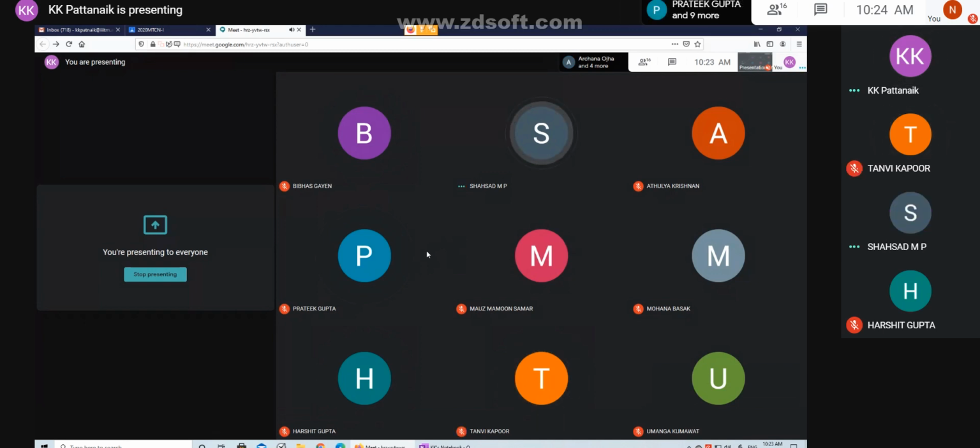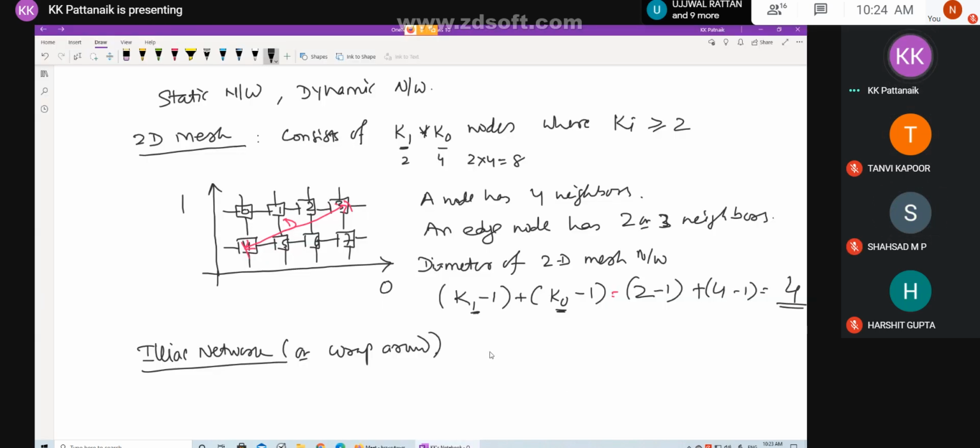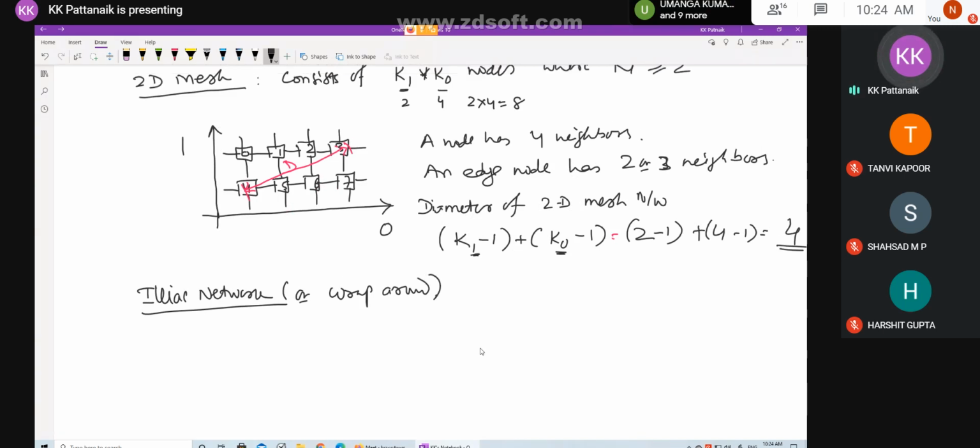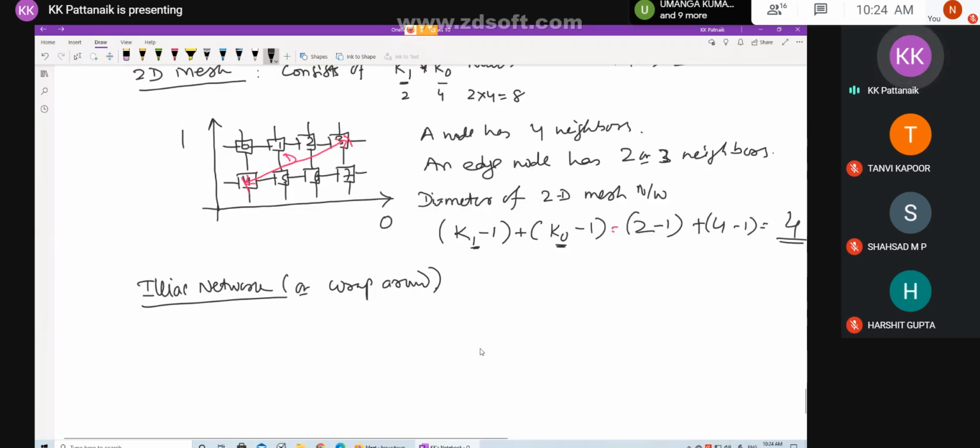Okay. So now we will study the wraparound version of 2D mesh. What is this wraparound?